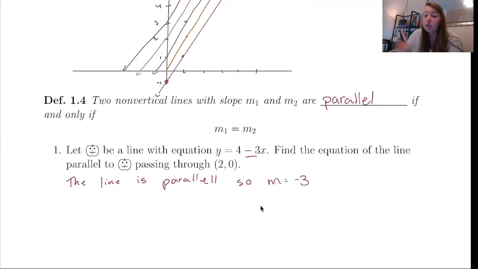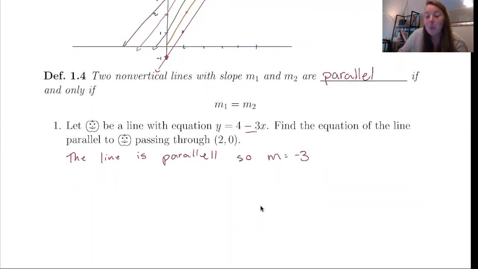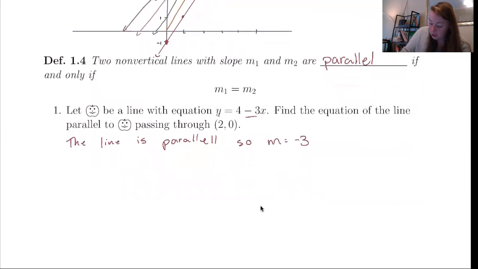I'm told it's parallel to that line, and I know that I can easily find the slope of that line. So let's just do point-slope form, right? So it's going to be y minus 0 equals -3 times (x minus 2). And if we wanted to, we could fix that, and I get y equals -3x plus 6.